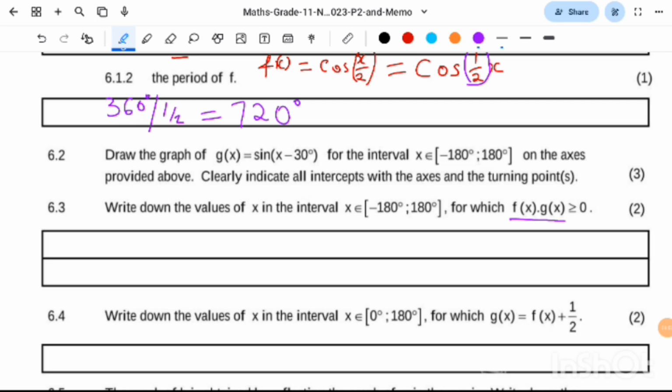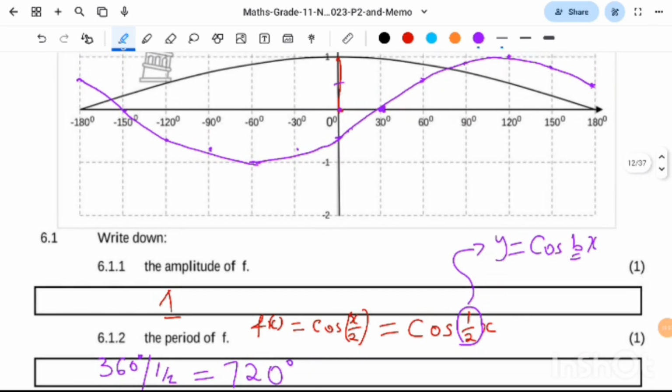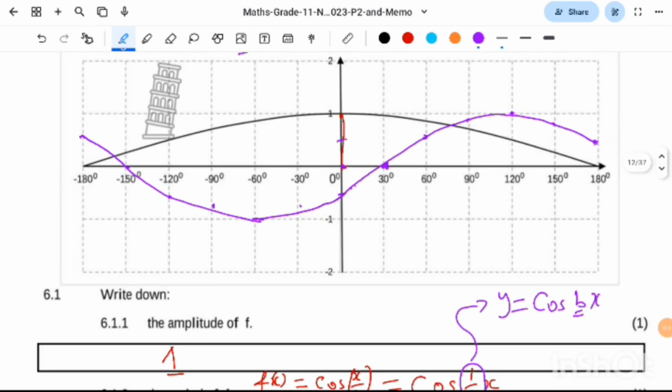Now let's go up to our graph. If we look at this condition, this graph is above the x-axis, and also this graph is above the x-axis until this point here.